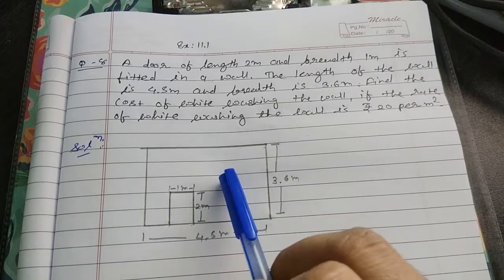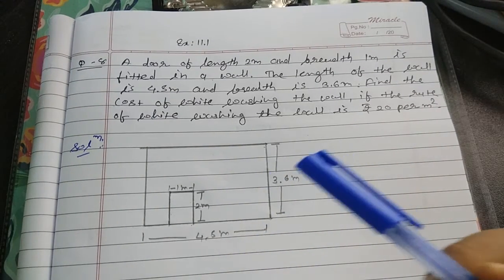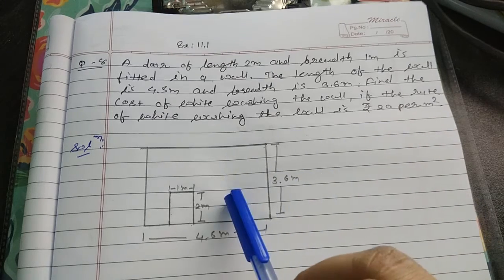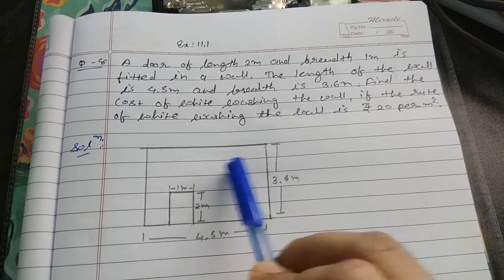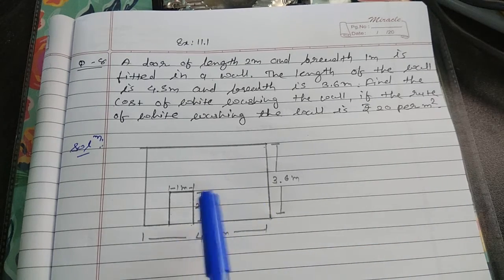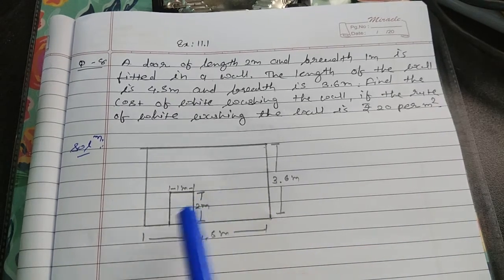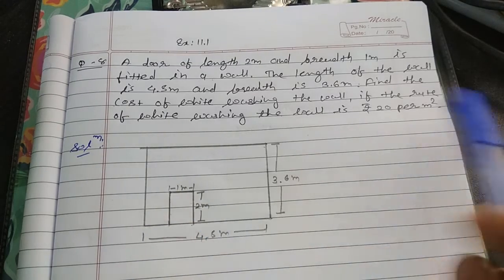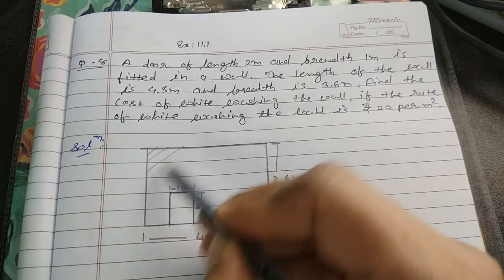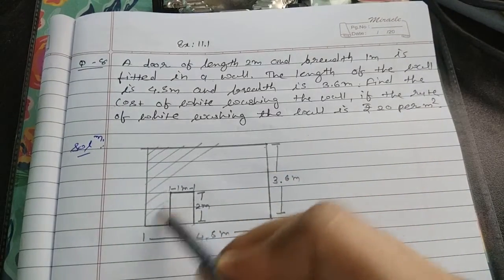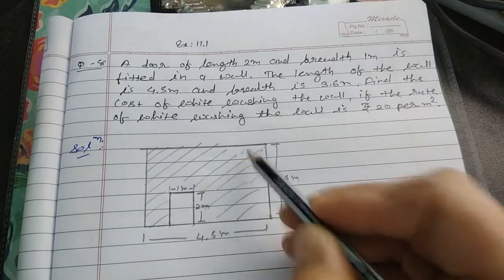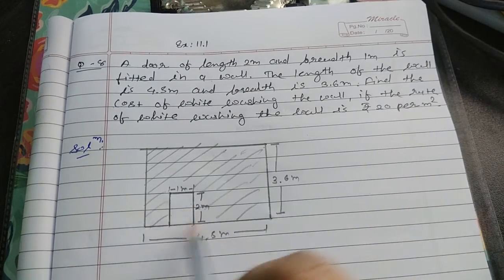So for that we have to find the part of the area which we have to whitewash on the wall. First of all, we will find the area of the whole wall, and we will subtract the area of the door from it. That means we have to find the area of the wall except this door.